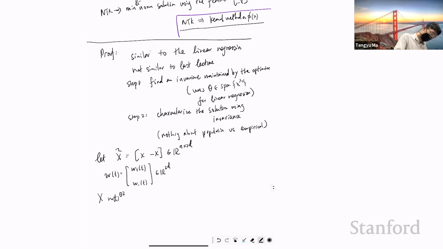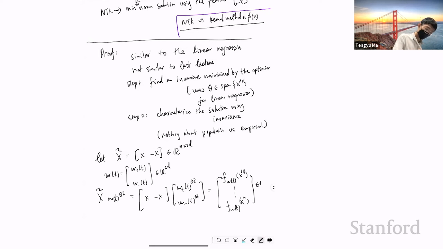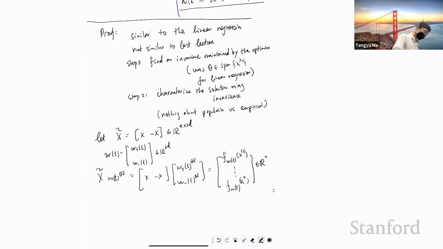With this notation, x tilde times W_t circle 2 is x, minus x times W plus t squared, W minus t squared, and you can verify this is really just what the model computes. This is the model output on the n data points.